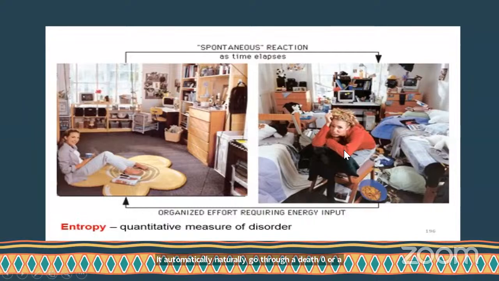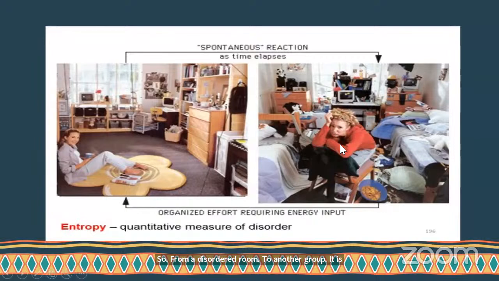But for you to get this rough, disordered room to an ordered room, you need to add effort and energy. You need to start packing all these clothes, cleaning up all these things. This is energy. You're adding effort. You're using energy to do all of these things. So going from a disordered room to an ordered room is not a spontaneous process.